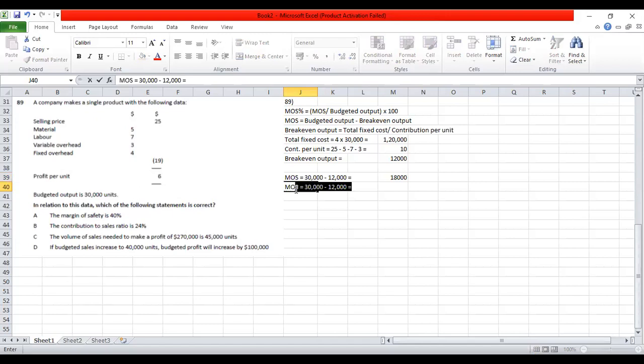Now margin of safety percentage is 18,000 divided by 30,000 into 100, which is 60%. That is the answer, but the option is giving us 40%. So A is not true.